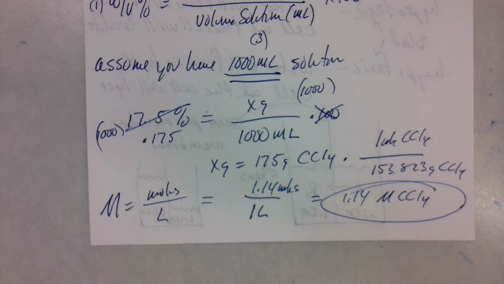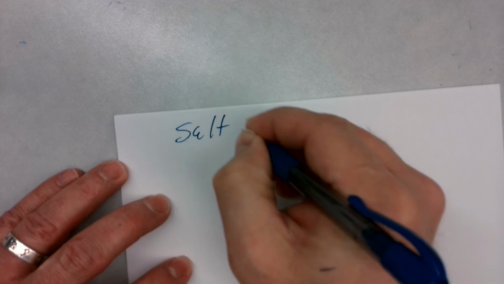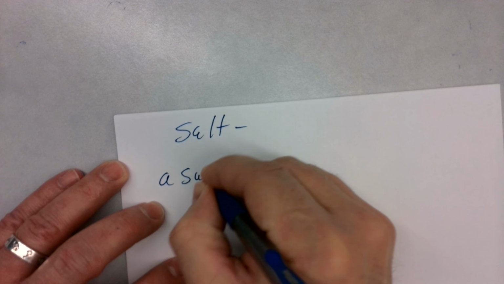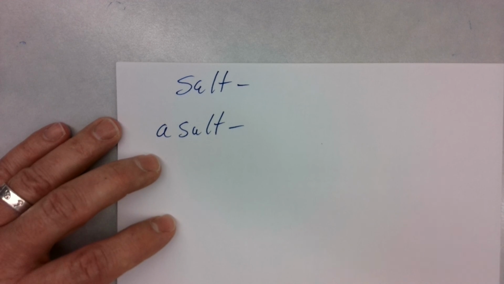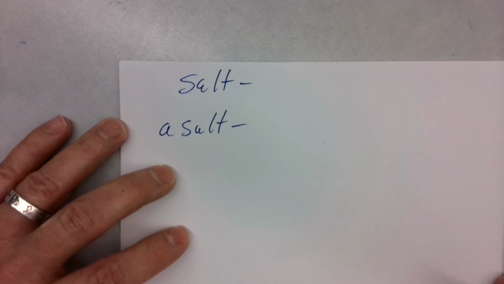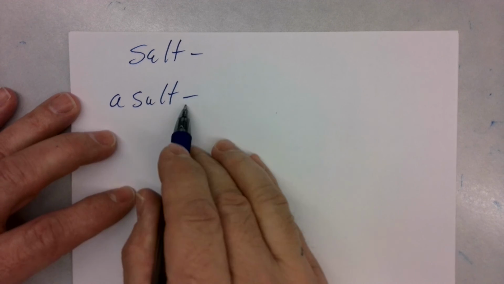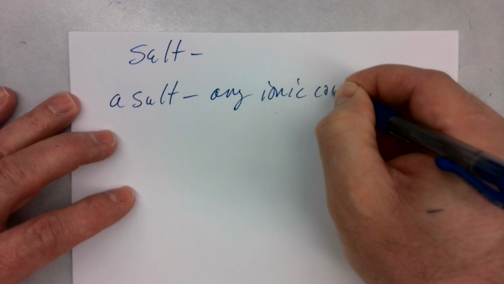The only other thing I want to talk about is these two terms. When they use the term salt or the term a salt, does anybody know the difference? A salt is simply any ionic compound.